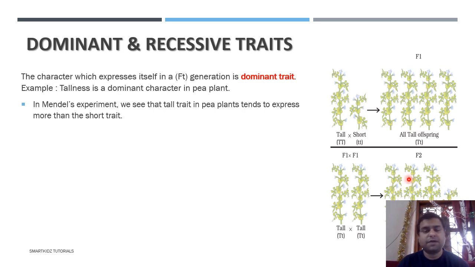So if you find out the percentages, it comes to 75% being tall and 25% being short. Here, just for simplicity's sake, only 4 plants are given, but he had carried out experimentation in a vast number of plants, and then found out the percentages or the ratio in which the alleles get segregated or the traits are observed.